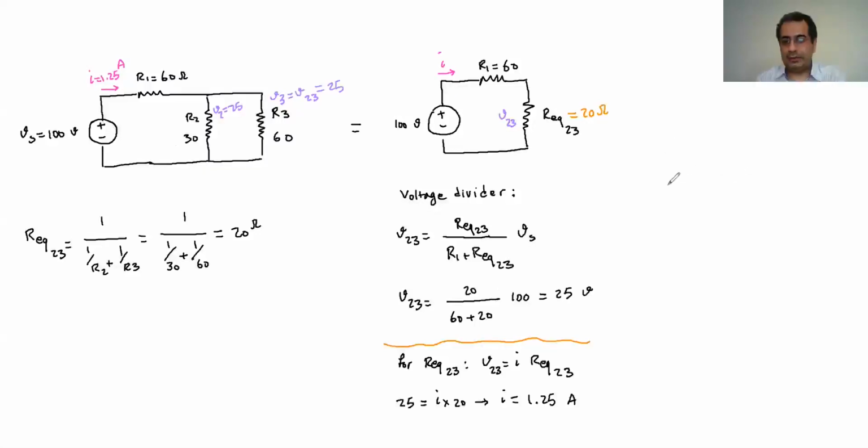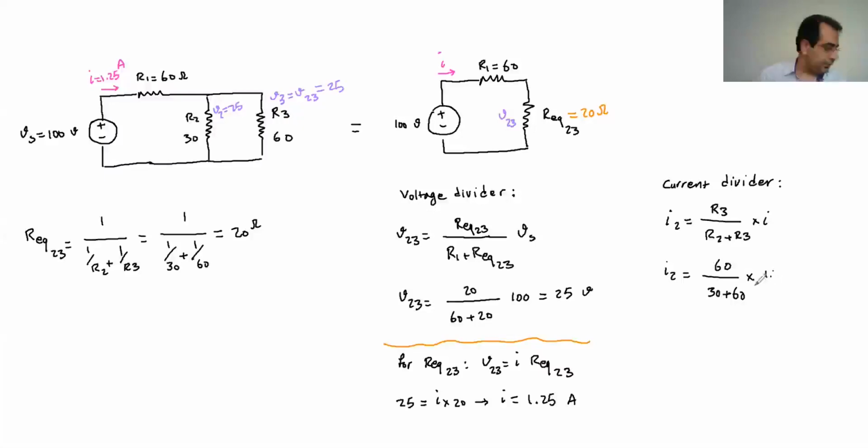So I can use the current divider and say that, for example, the I in 2 is equal to R3 divided by R2 plus R3 times I, which is going to be: the R3 is 60, and then it's going to be 30 plus 60 times the total I, which is 125.